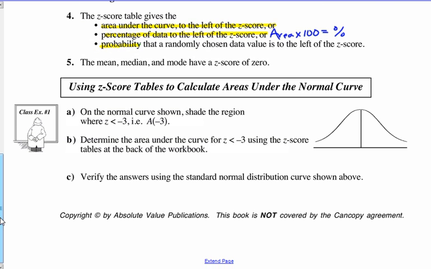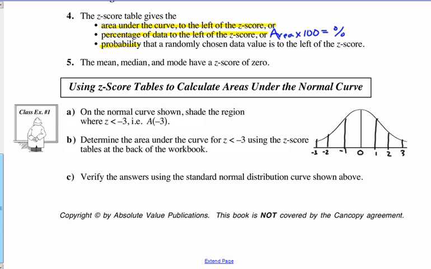Using the Z-score tables to calculate areas under the normal curve. On the normal curve, shade the region where Z is less than -3. It helps if we draw in our Z. Here's my Z-score 0. We want to always draw 3 lines, 1, 2, 3, and then again 1, 2, 3 to the left: -1, -2, -3.